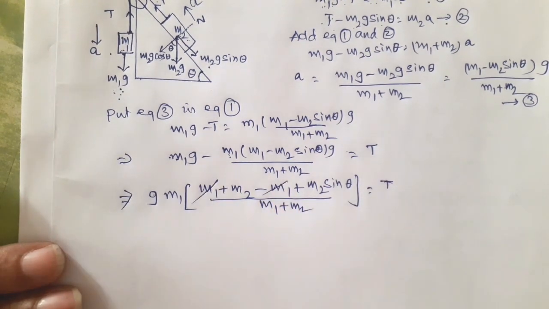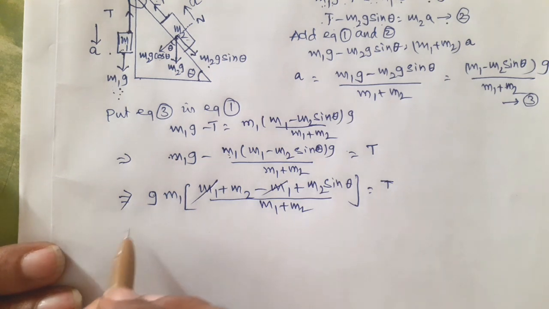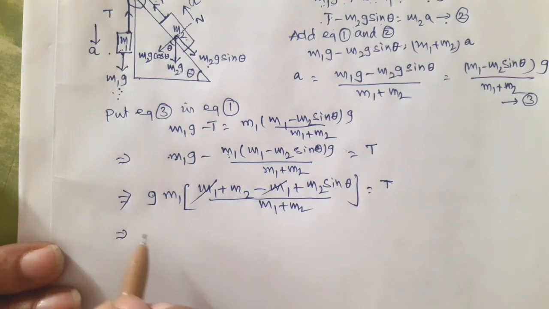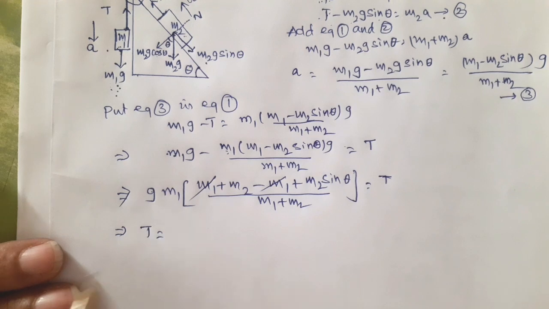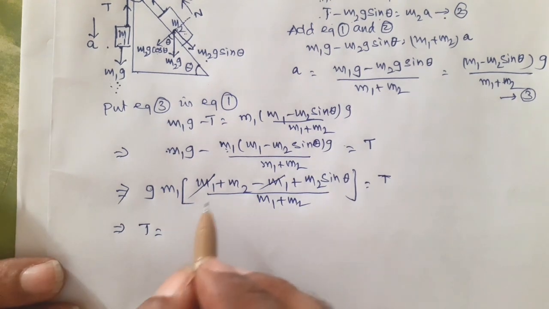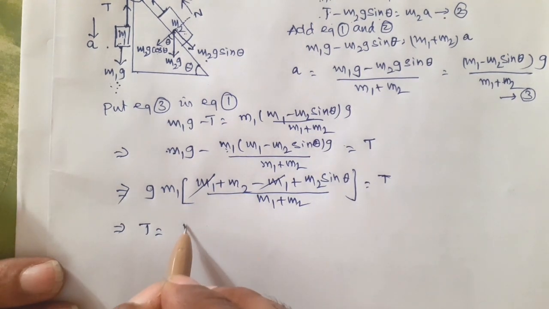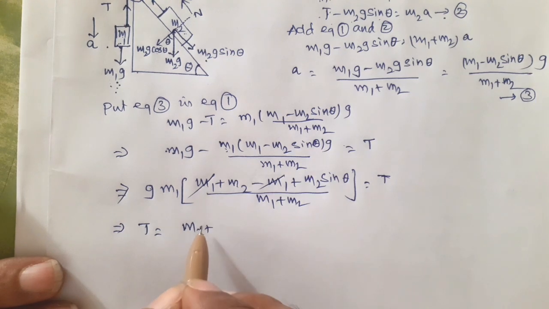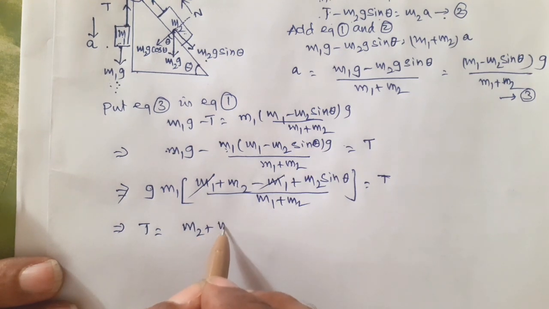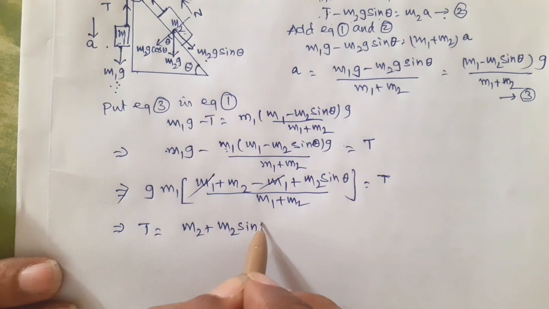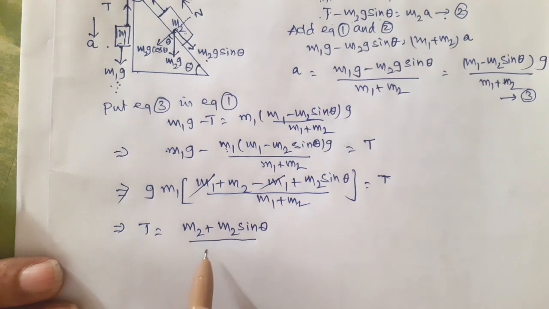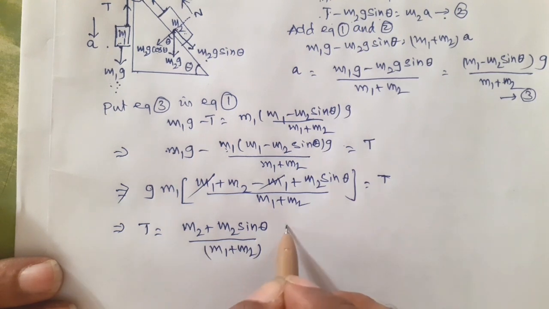These two get cancelled. Therefore, the remaining equation is T is equal to (m2 + m2 sin theta) by (m1 + m2) into g.